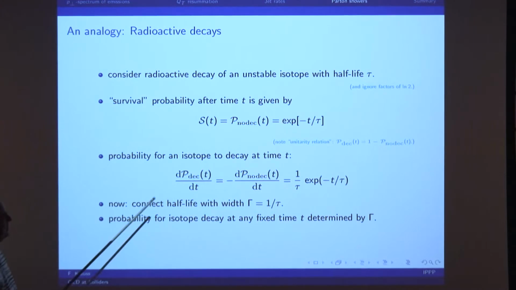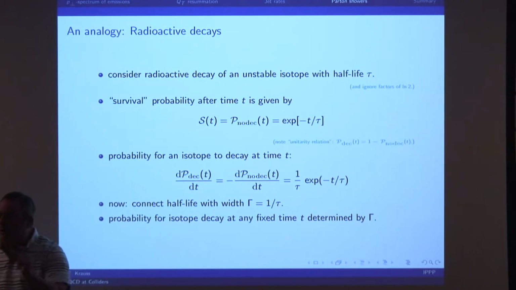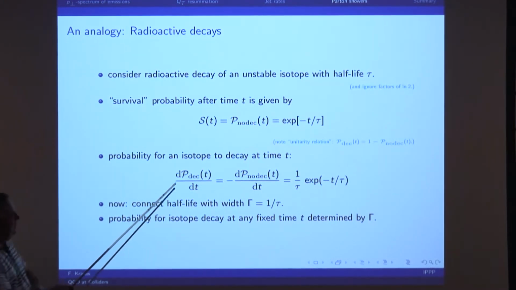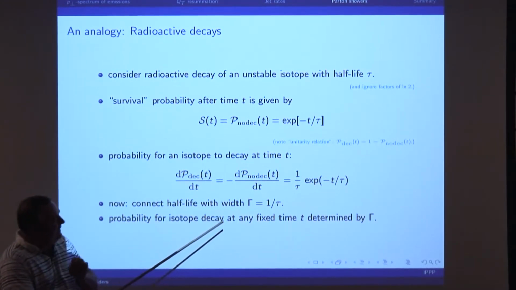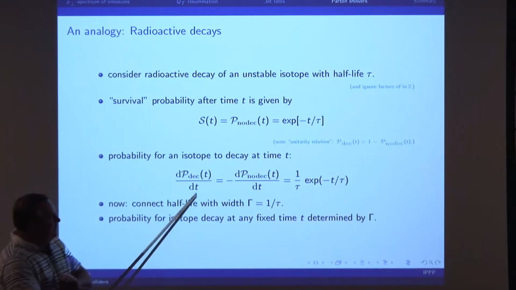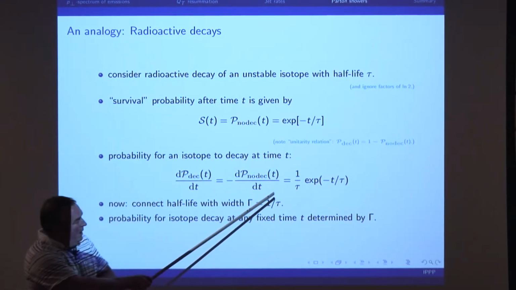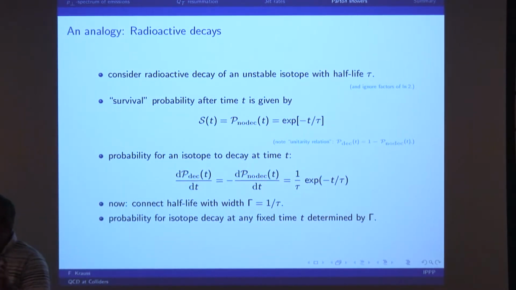Because it either happens or not, we know that the decay probability is 1 minus the no-decay probability, because they have to add up to 1. So the probability for an isotope to decay at any time t is the derivative, and what you get is 1 over tau, which is the half-life, like the inverse matrix element for decay.